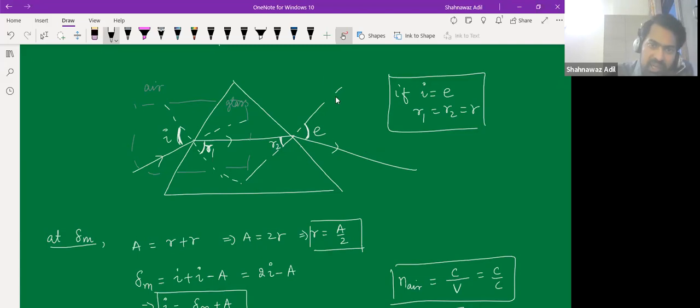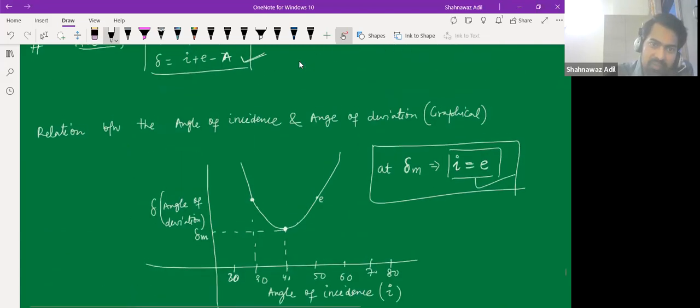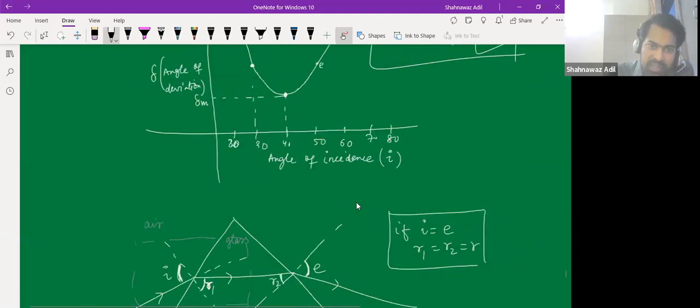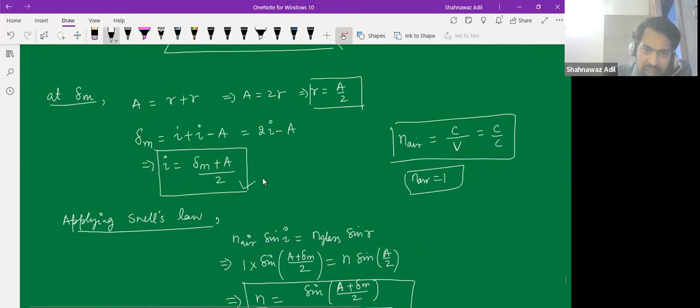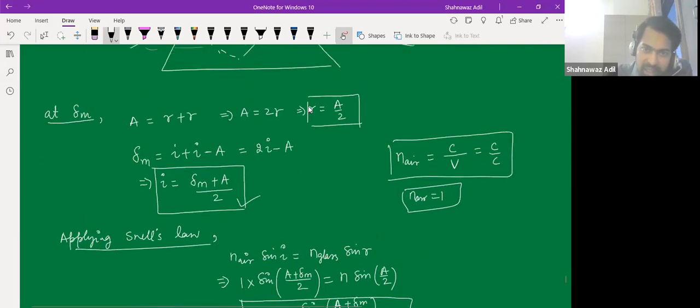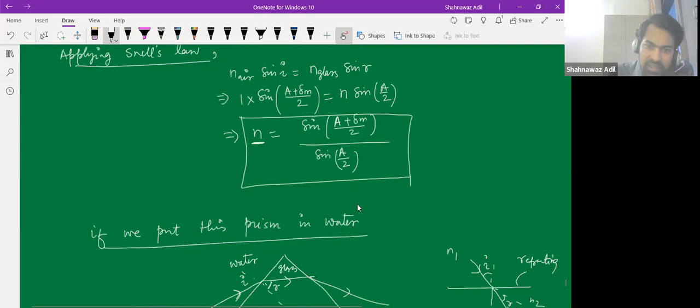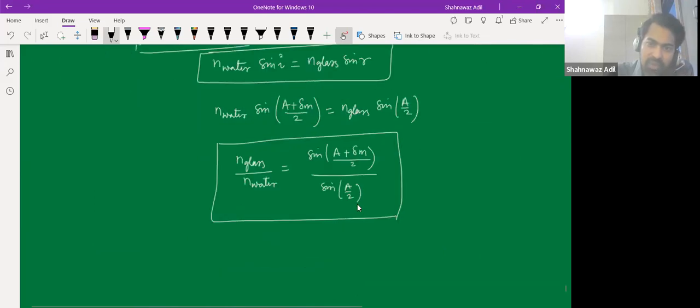So then we reduced this result that we got earlier and we wrote this. We got angle of incidence, and then we got angle of reflection. And then we used Snell's law, and then we got these results. So that was what we have done so far.